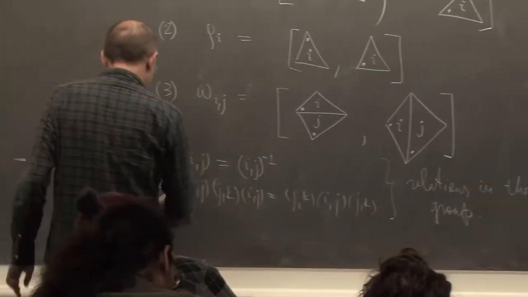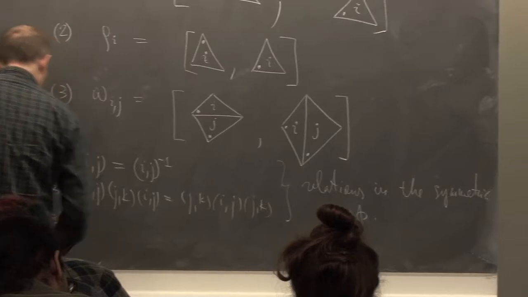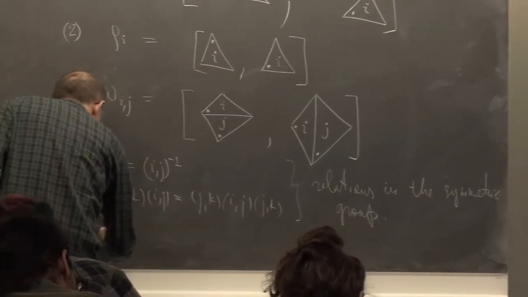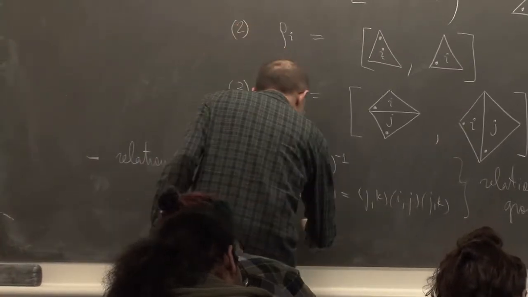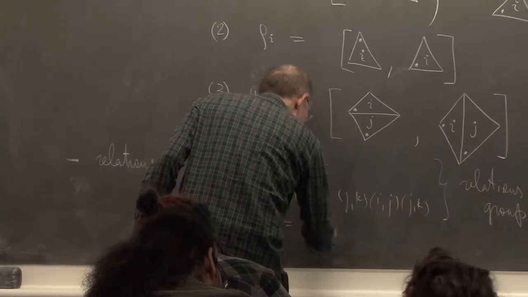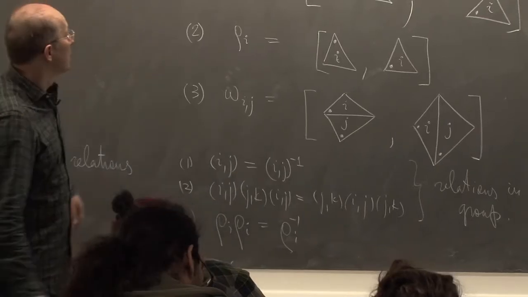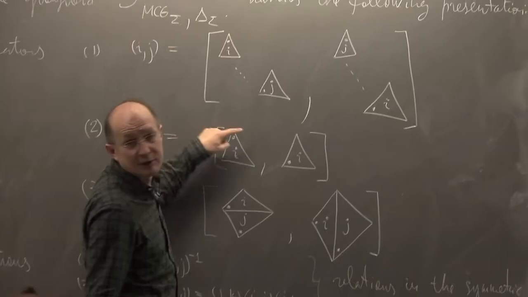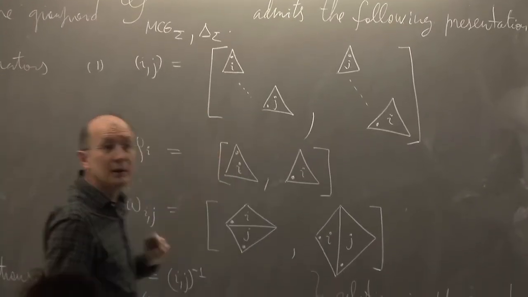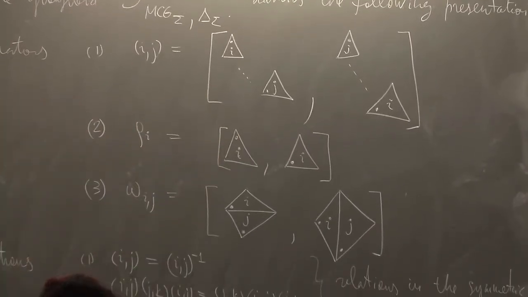Next, the generator rho i. So if we compose rho i with itself, then it is the same as an inverse of rho i. This is also evident because if you do 3 times the change of corner, you are back to the original, so it's identity.